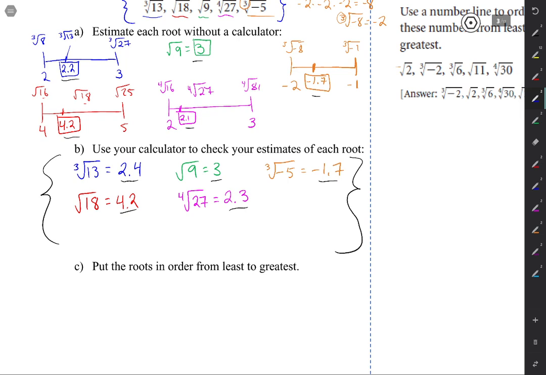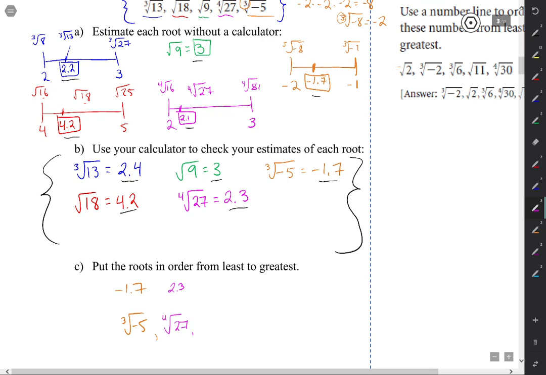So starting off, if we're looking at the smallest one, that would definitely be the -1.7, or in other words, the third root of -5. Then our next one would be the 2.3, the pink one there. So 2.3 would be next, or the 4th root of 27.